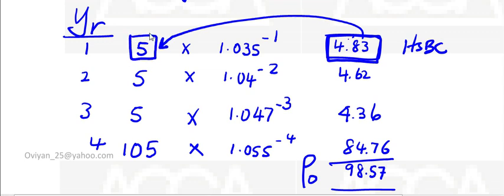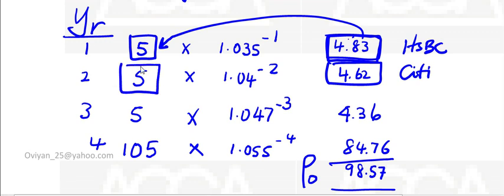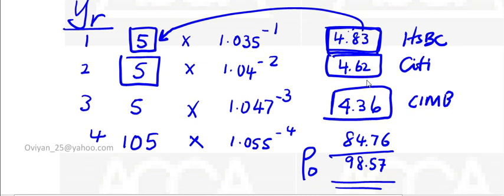HSBC account closed. And today you put in Citibank 4.62. 2 years later, you go to Citibank and close the account there. This one you put in what bank? CIMB Bank. 3 years later, you wake up and you close your account.